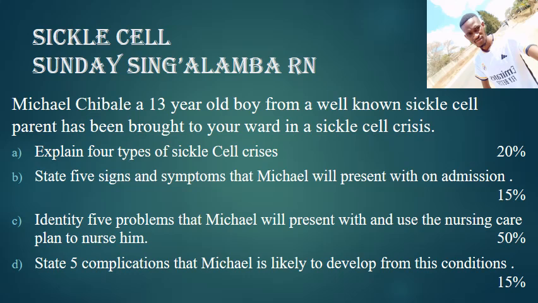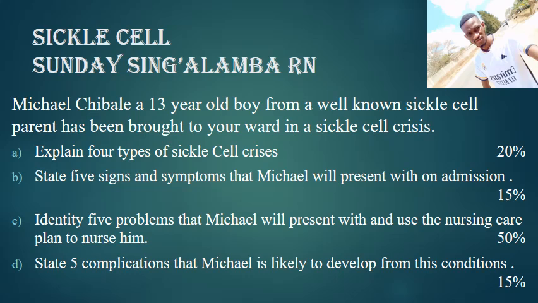Question C, identify 5 problems that Michael will present with and use the nursing care plan to nurse him, 50%. Then the last question was saying state 5 complications that Michael is likely to develop from this condition. Marks allocated, 15%.